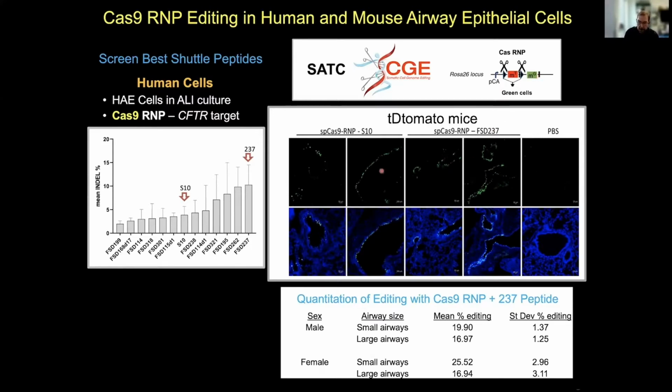And here are results of airways with RNP delivery with the S10 peptide, and on the right, results using the 237 peptide, where quantitative morphometry showed that we met or exceeded the editing efficiency of the previous best peptide.